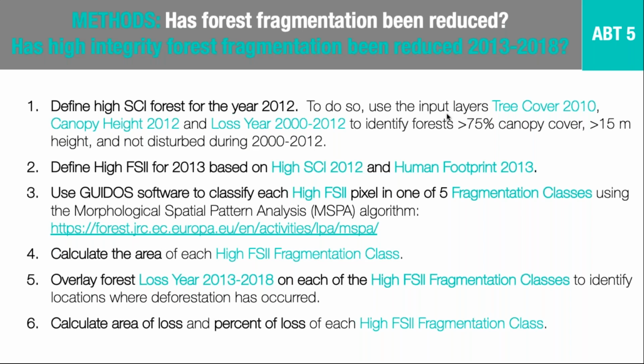Okay, thank you. And so the next question related is, has high integrity forest fragmentation been reduced? So we use a similar approach. We use the methods that Andy described to identify high FSII forests, so Forest Structural Integrity Index forest, a combination of structure and human pressure.